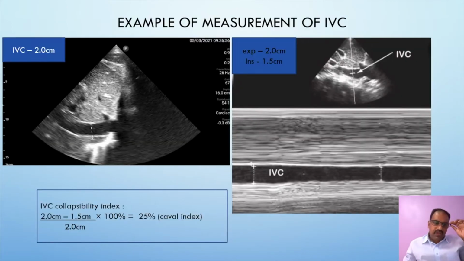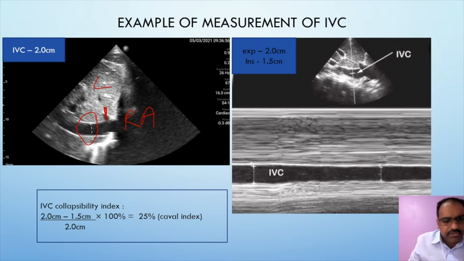So now once we manage to get a good view of the IVC, we are going to proceed with the measurement. So how should a proper measurement be done? Here you see a proper way of doing a measurement, where this is the RA, this is your liver, and this is your hepatic vein.